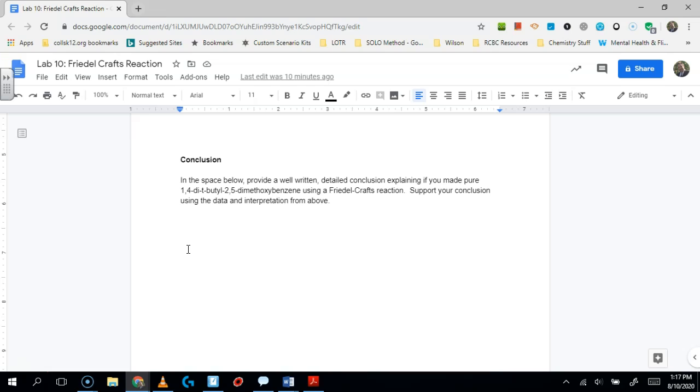It's not just a summary of what you already did. You want to synthesize all the information in the previous results, the IR, the melting point data, all of that stuff, and then you can synthesize it into one well-written conclusion. And that's really the goal of writing science.